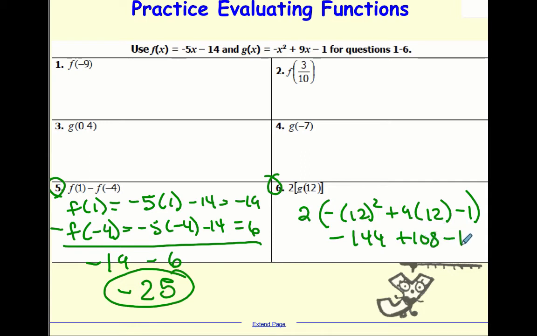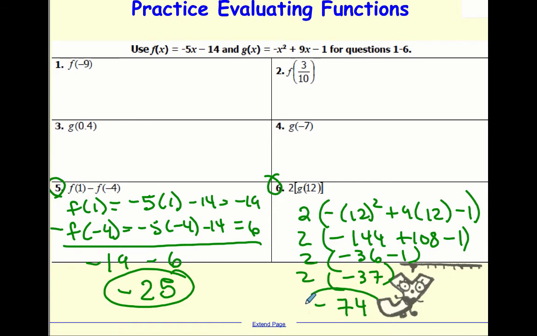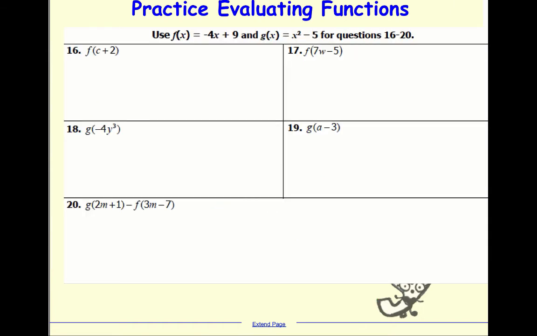So negative 144 plus 108 is going to give me negative 36. Negative 36 minus 1 is negative 37. Now I need to take that answer and multiply it by 2, which will give me negative 74.